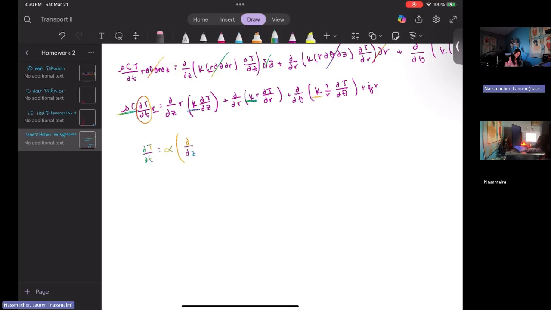Our r is going to cancel out, and that's going to be multiplied by change in temperature over the change in our z direction, plus 1 over r, our change in r, multiplied by r, multiplied by our change in temperature over our change in r, plus 1 over r squared.